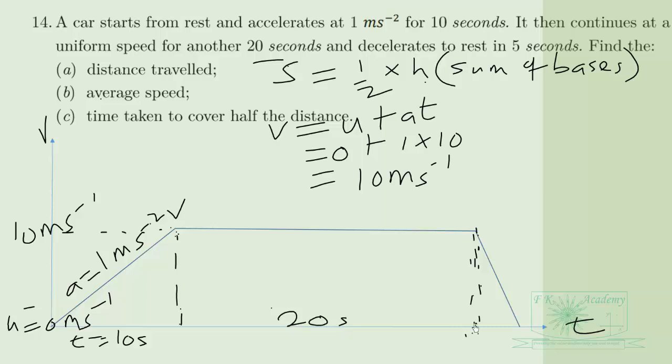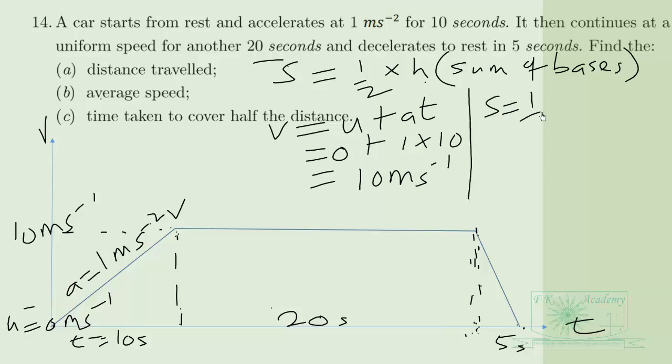Then from there, it traveled for 5 seconds. So from this point to this point, that will be 10 plus 20 plus 5, which is 35 seconds.